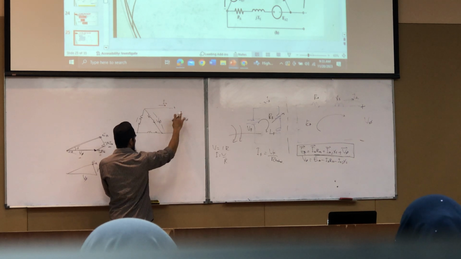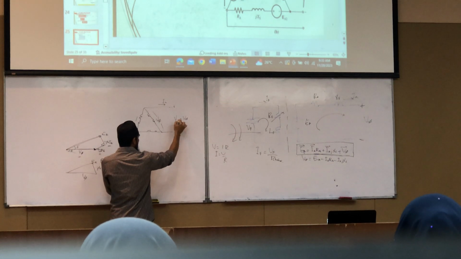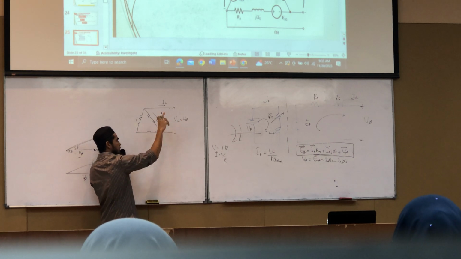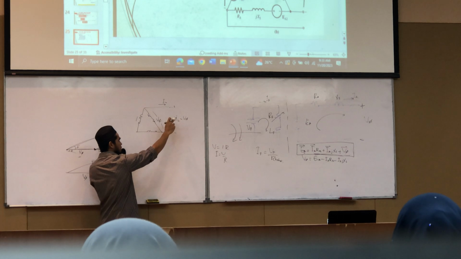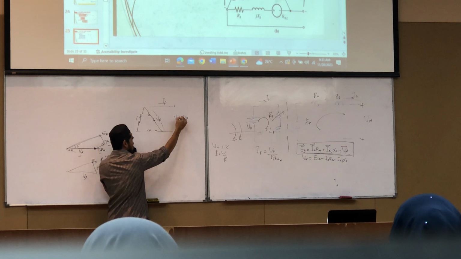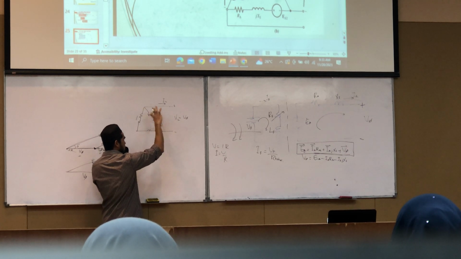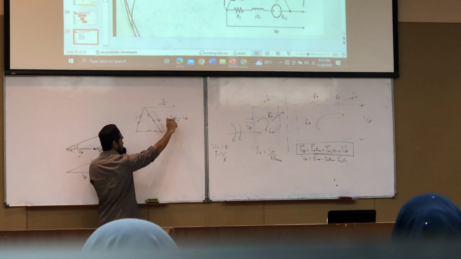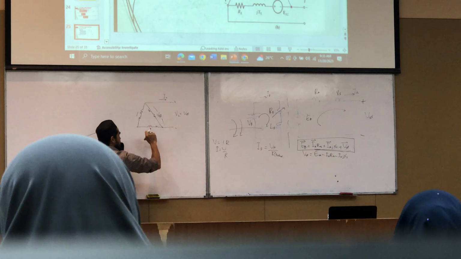V terminal ataupun V line, some books they put as V terminal, some books they put as line. So it's up to you, as long as you understand. So here you can justify that the terminal voltage and line voltage, phase voltage and line voltage are the same because they share the same line.